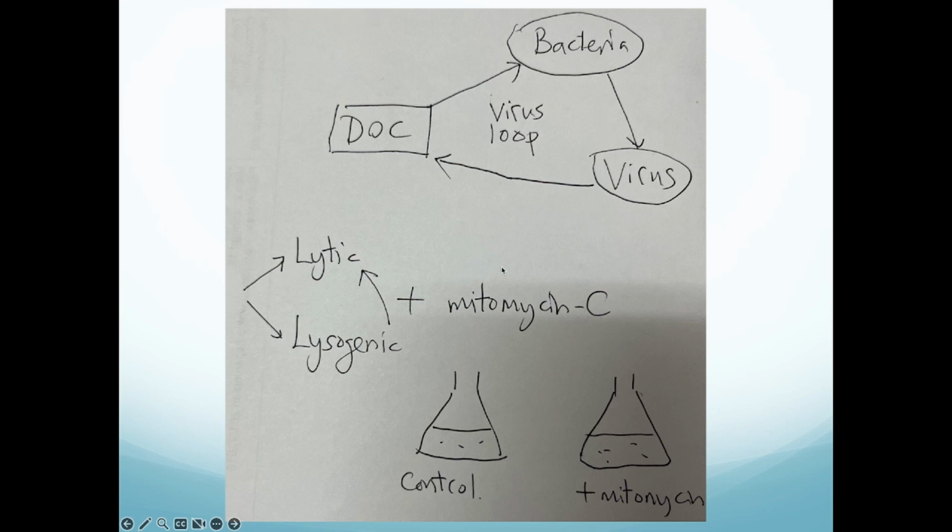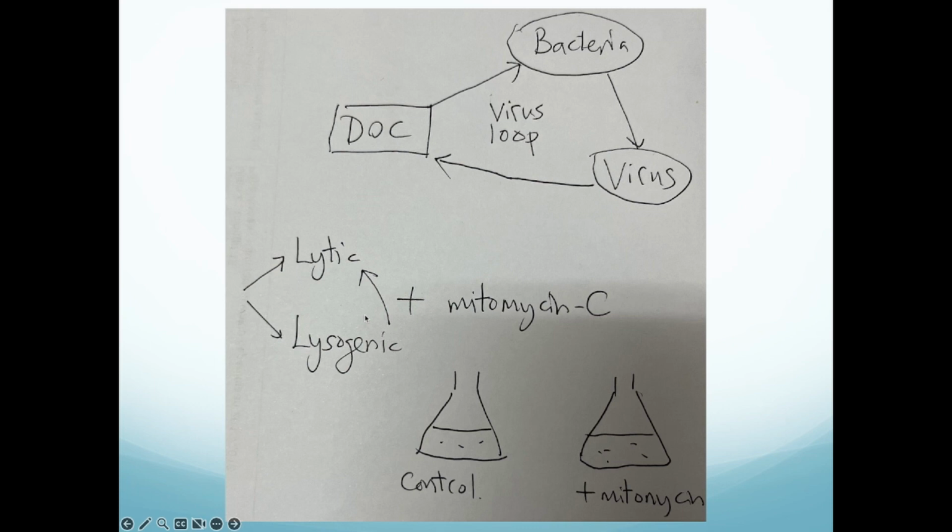However, in lysogenic mode, the virus will infect the bacteria and then integrate into the bacterial chromosome and become a lysogen. And only on certain occasions, environmental factors will induce lysogens to revert back to lytic mode.